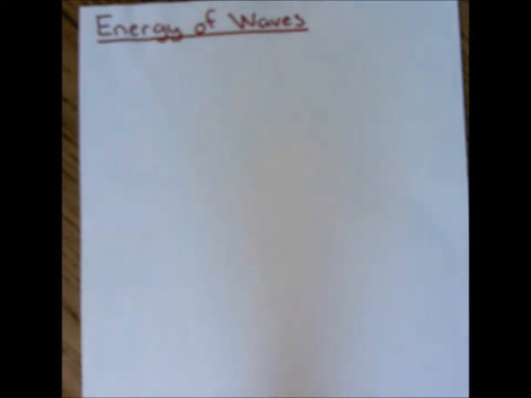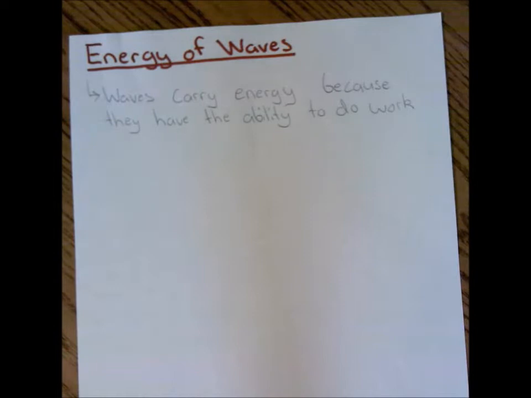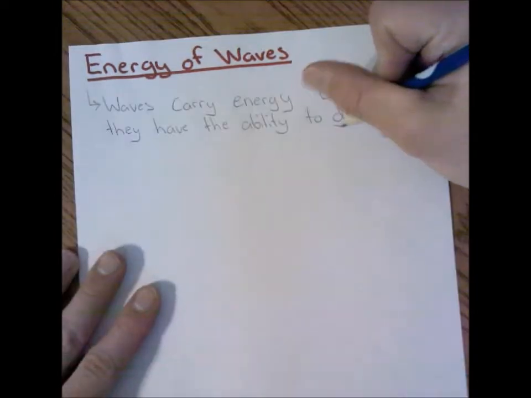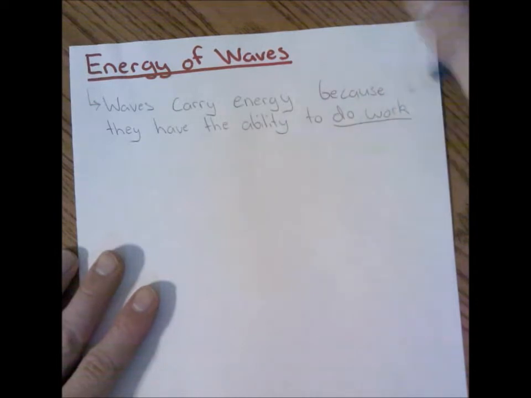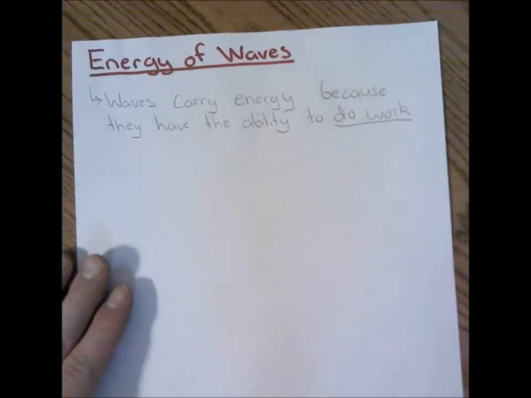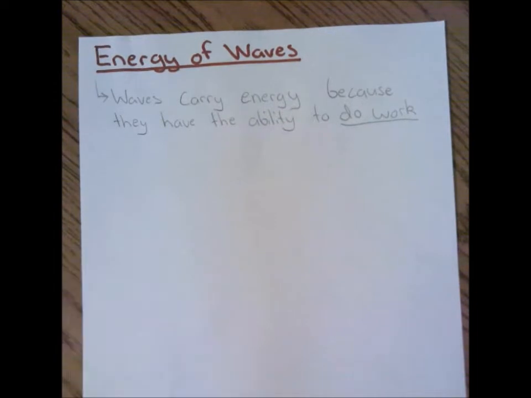So the key thing here is that waves have the ability to do work, which, remember, when we talked about that in terms of energy, now we can start making some quantitative analysis of the waves, and we can see what happens as a wave moves from one point to another. Now we can associate that energy because it has this ability to do work.